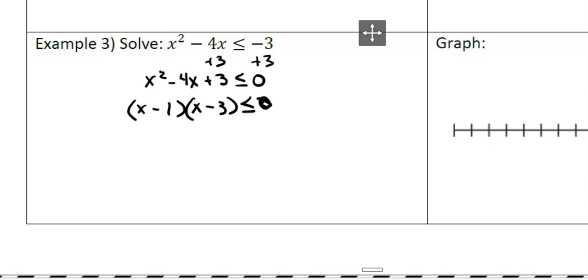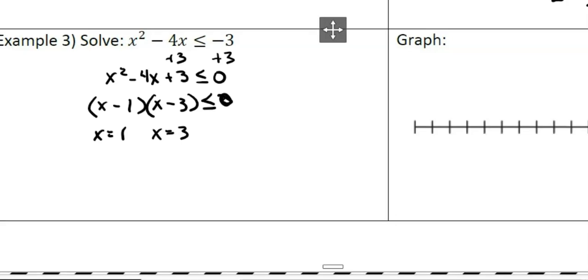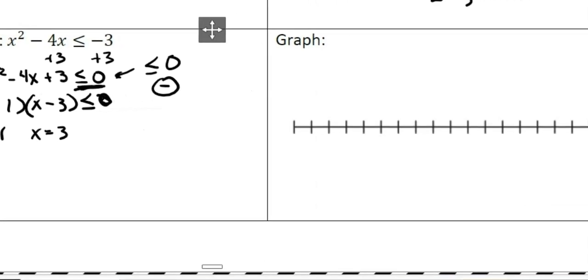So then our values that we're looking for here are x equals 1, and here x equals 3. So before we move past here, this part right here, less than or equal to 0, once again tells us that less than 0 means that it's negative. So we're going to graph 1 and 3.